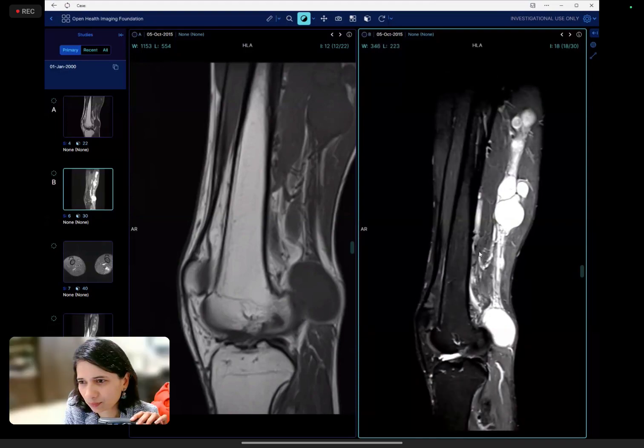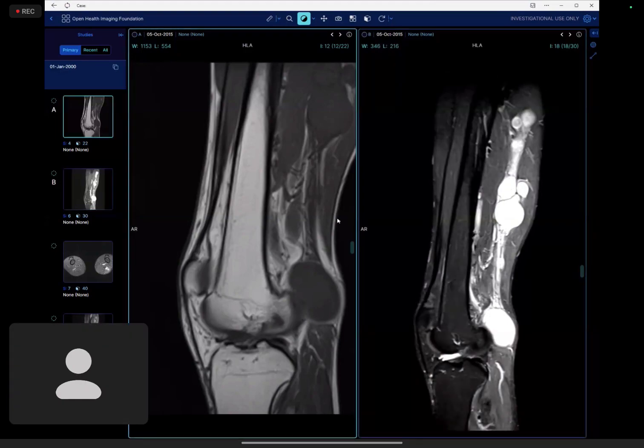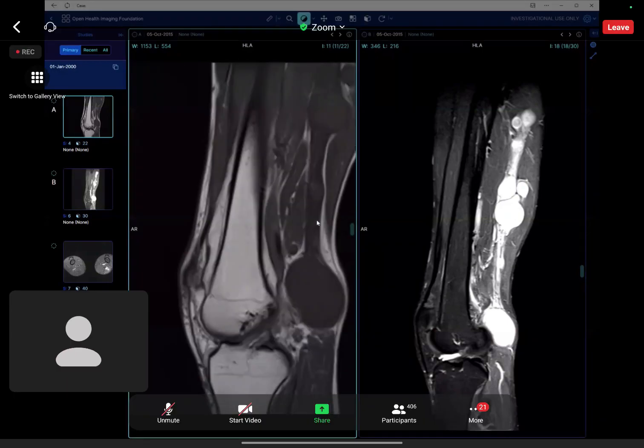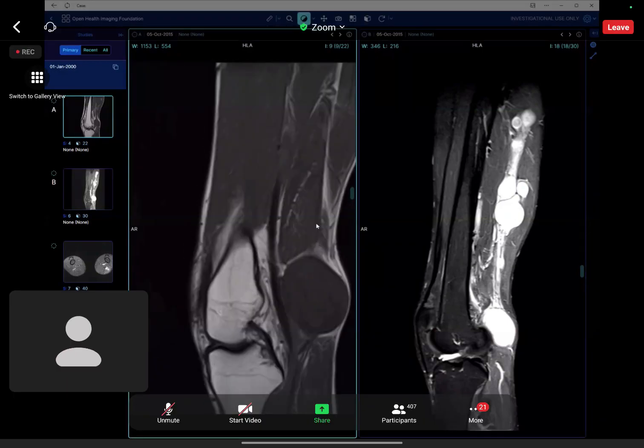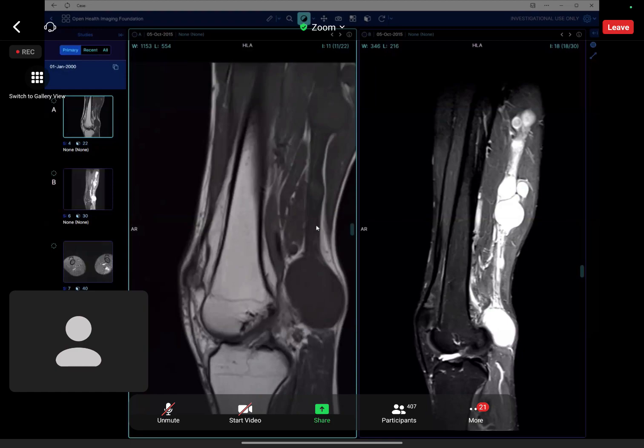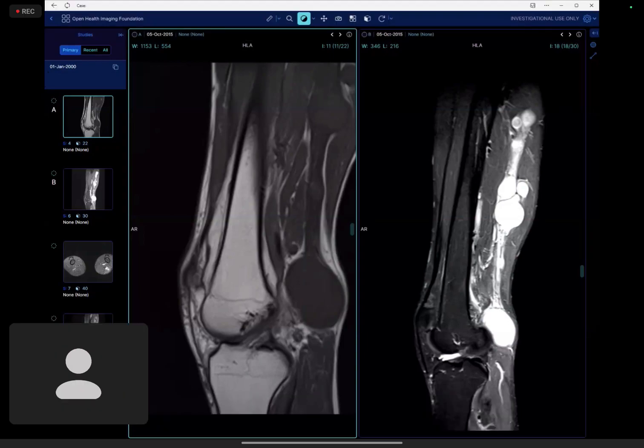This is good. These are the T1 weighted images and T2 weighted fat suppressed images in sagittal plane through the femur, side not labeled. I can see multiple lobulated lesions arranged in a linear fashion with an intervening cord-like structure.